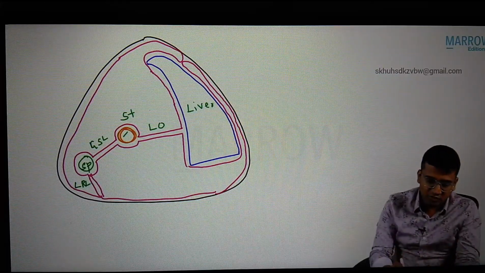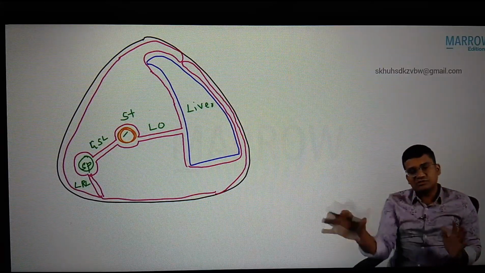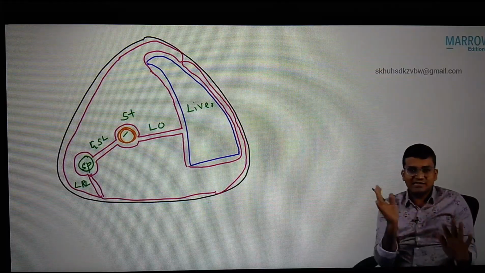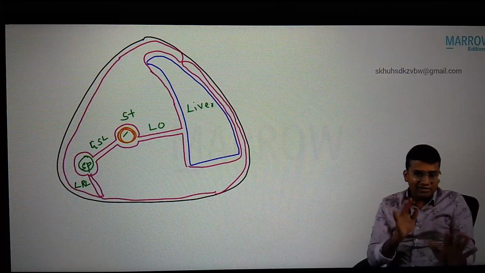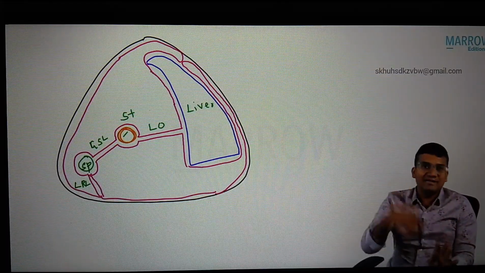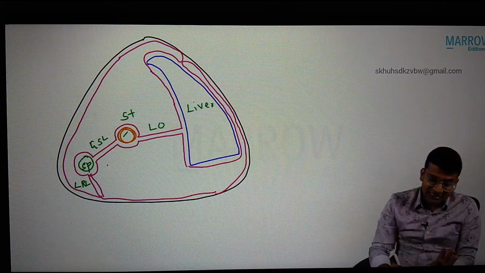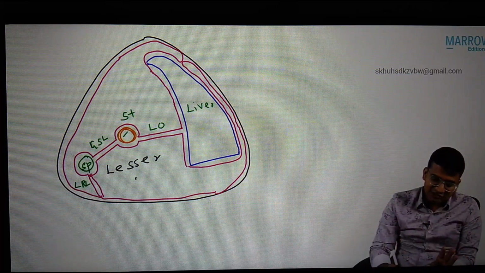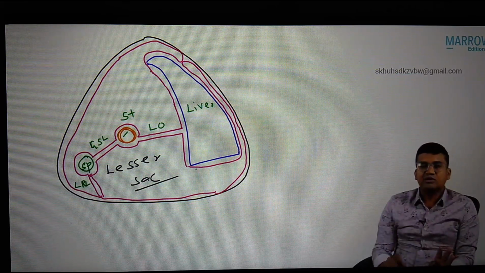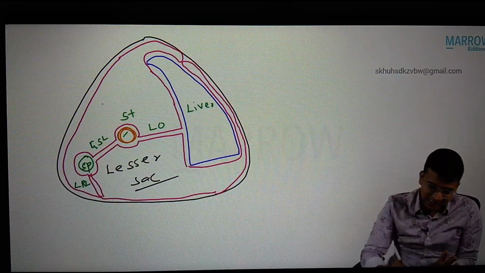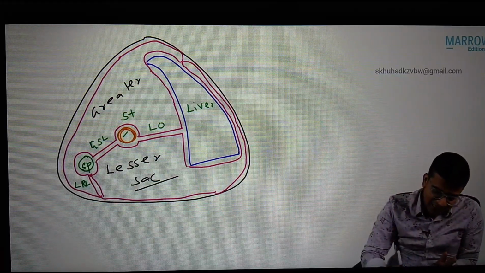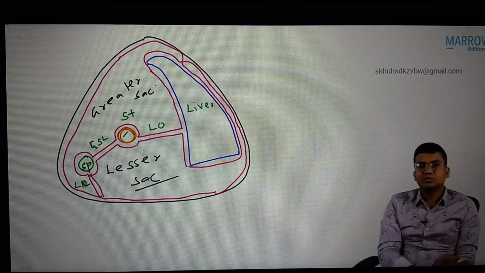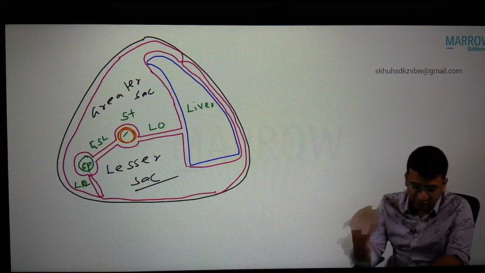I told you because of the rotation of the stomach, the liver comes to the right side and the spleen goes to the left side. After that, one space is formed behind the stomach, and that space is called the lesser sac. We also have one big space in the front side, that is called the greater sac.